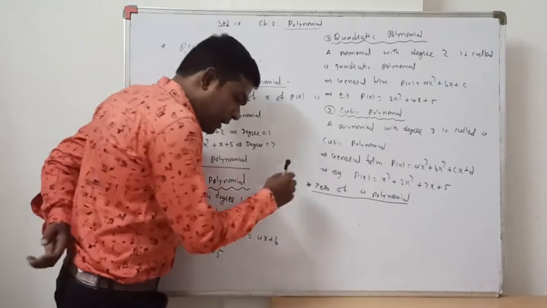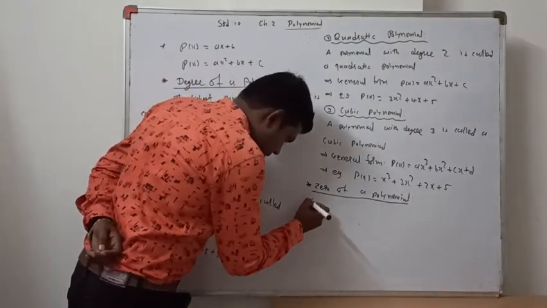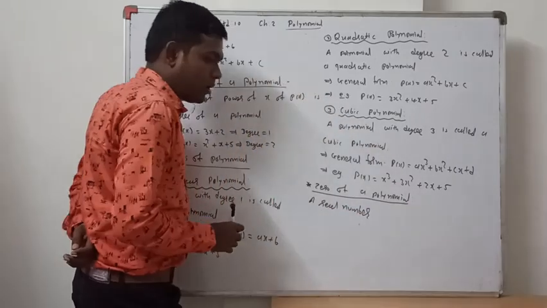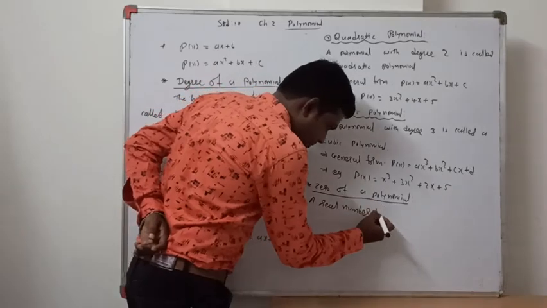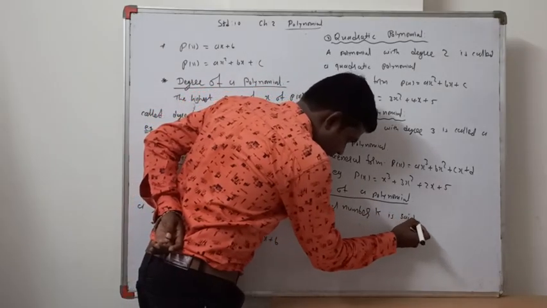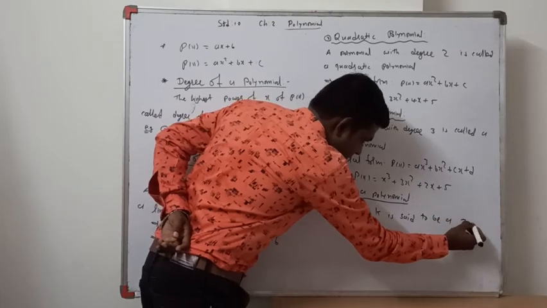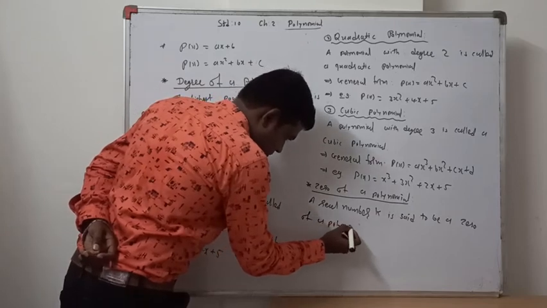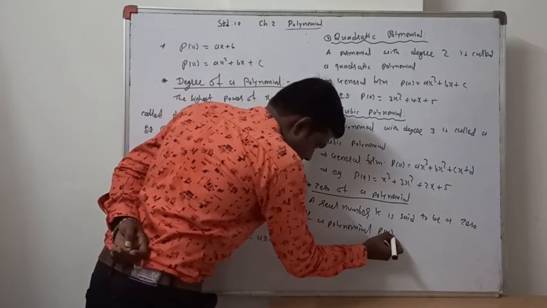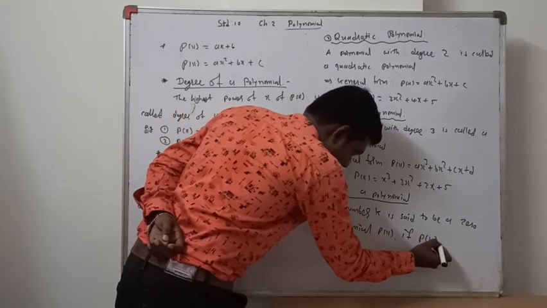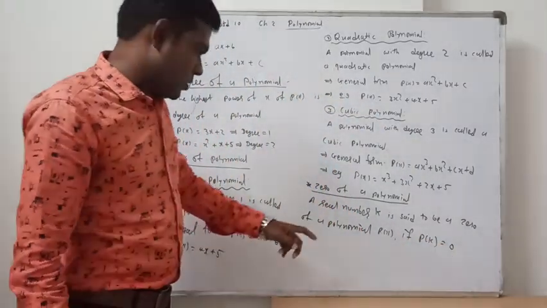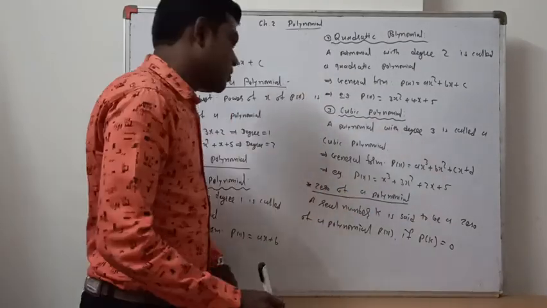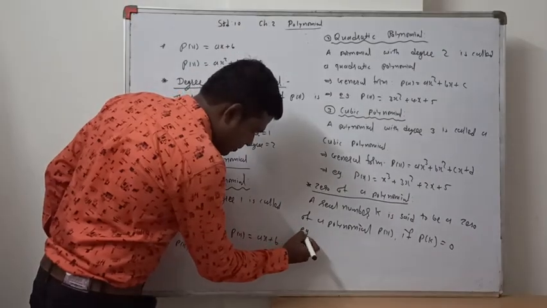So over here let me take a k, a real number. k is said to be a zero of a polynomial p(x) if p(k) equals 0. Let me take one example.